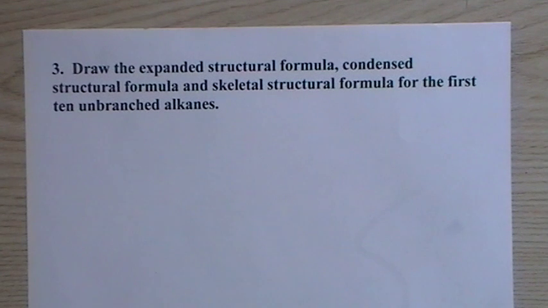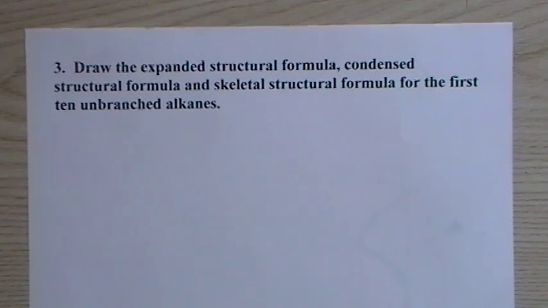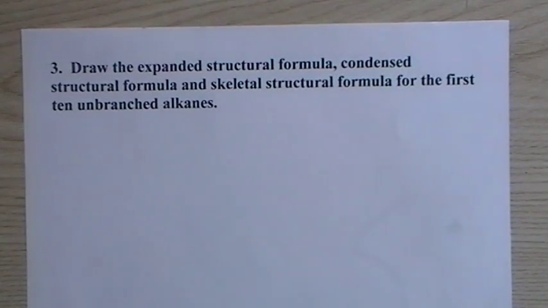In 1050 or 1170, we talk about formulas, and it has one formula. We don't often talk about expanding it out, the expanded structural formula, the condensed, the skeletal. There are line angle formulas we're going to talk about probably in the next couple of lectures.